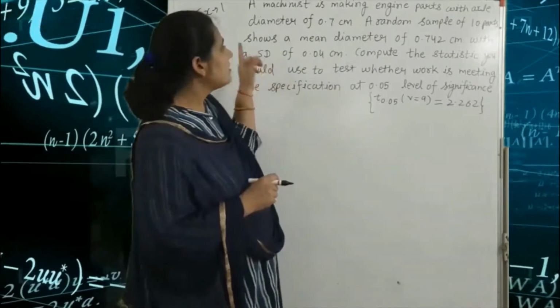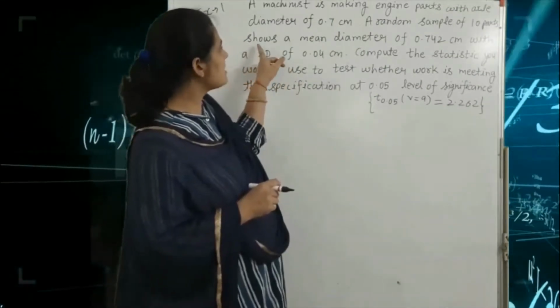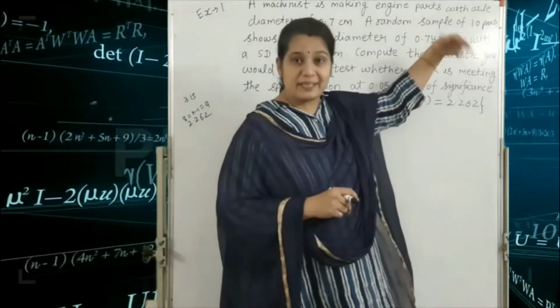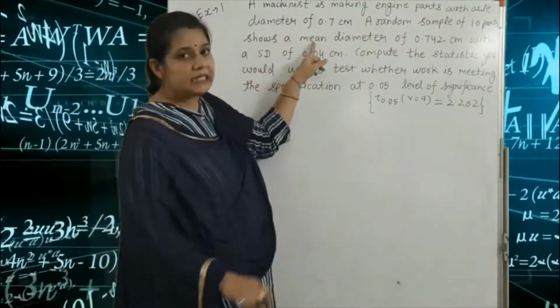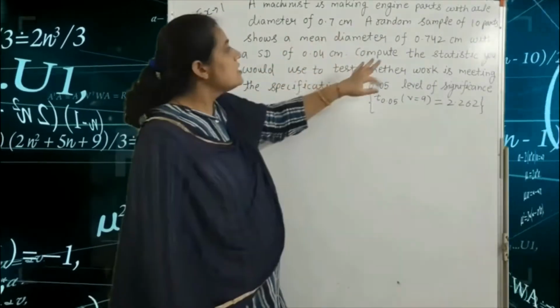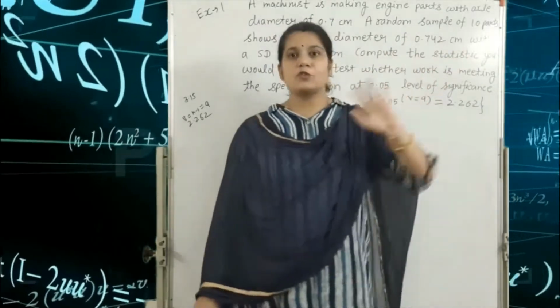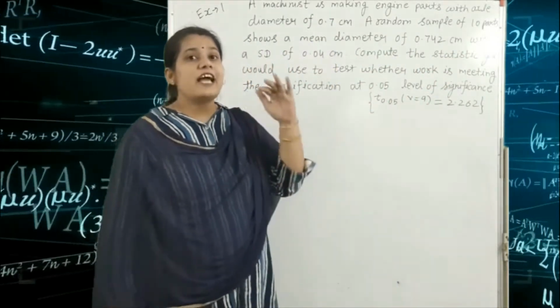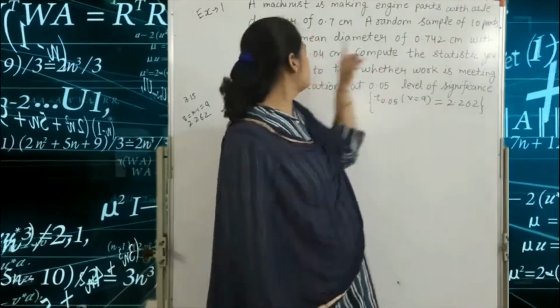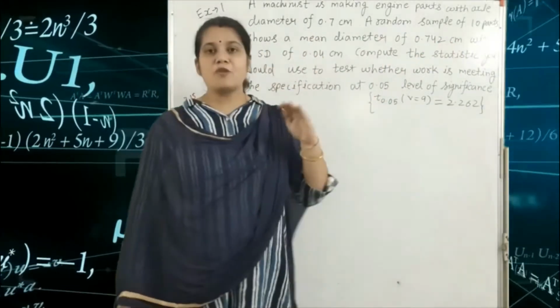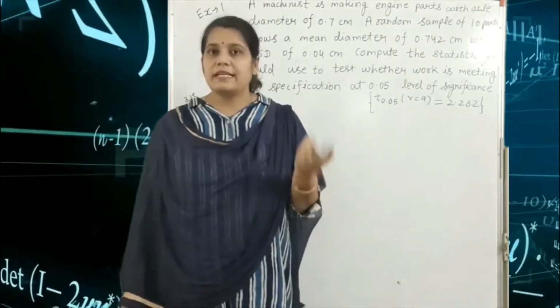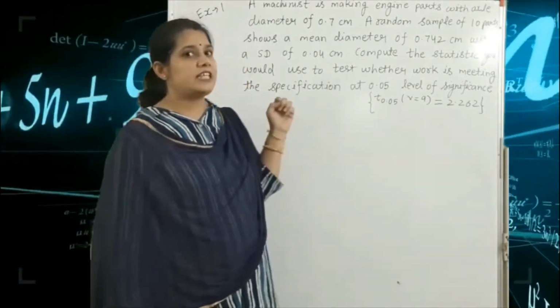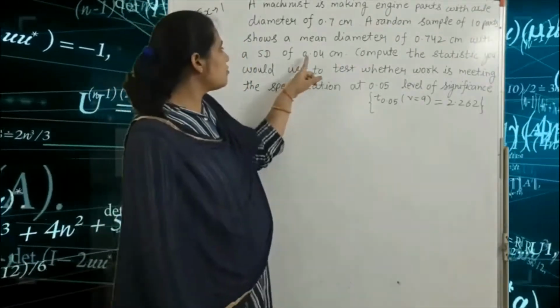And here the x bar, because this is the sample of 10 parts, shows a mean diameter of 0.742. That means 0.742 is given as x bar, the mean, and with a standard deviation of 0.04. That means the standard deviation is given as small s, 0.04.